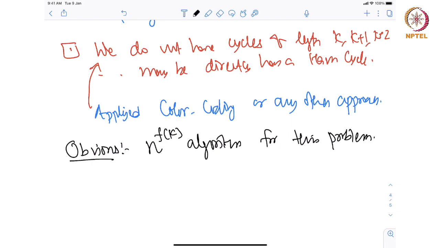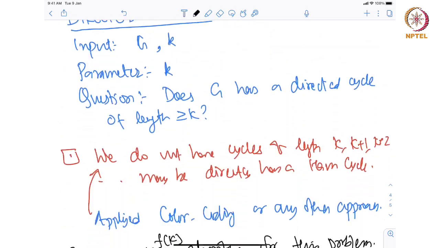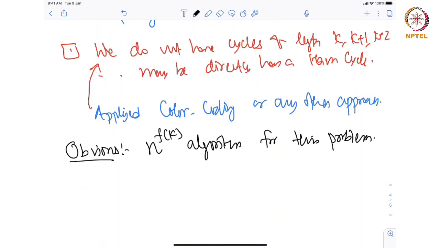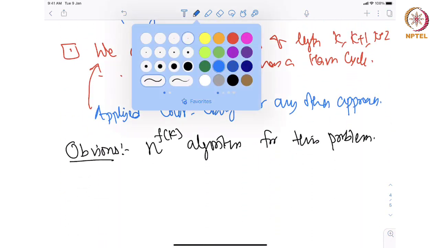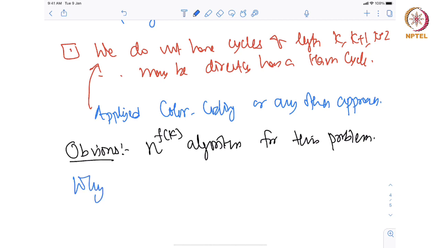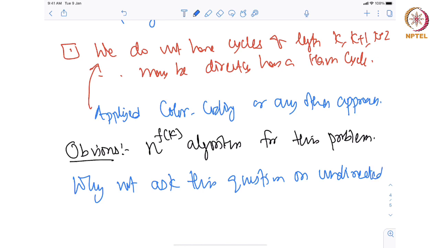You may ask, why directed graph? Why not ask this question on undirected graphs? Valid question.